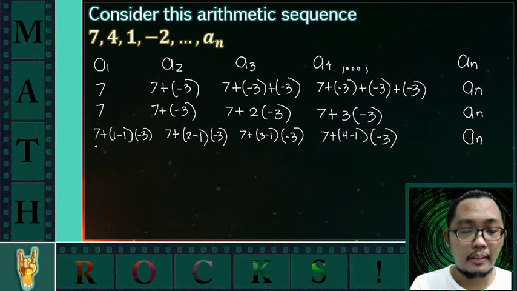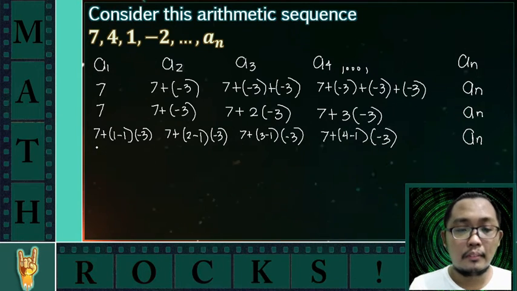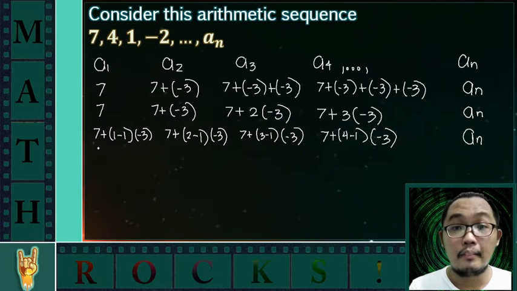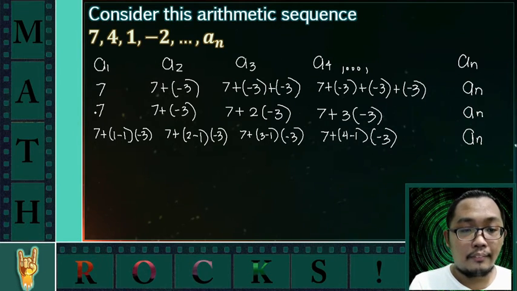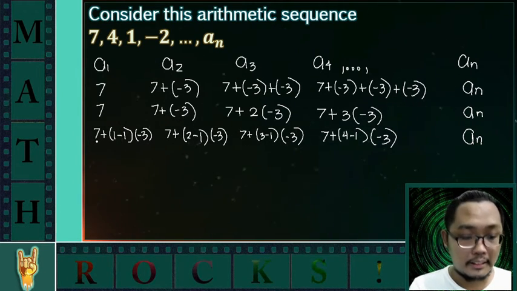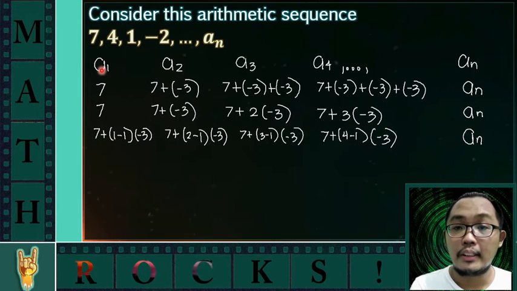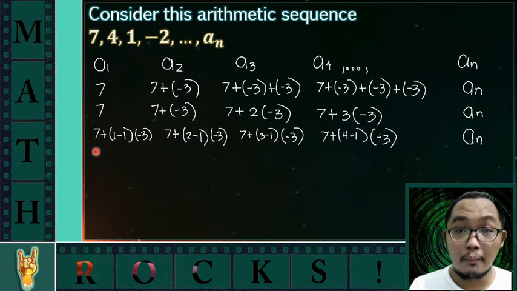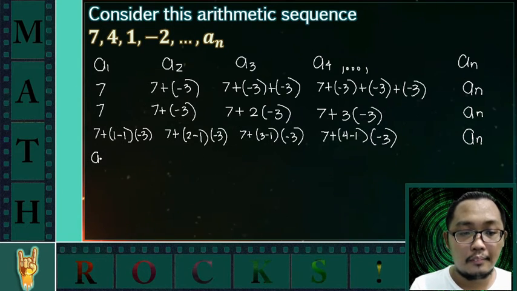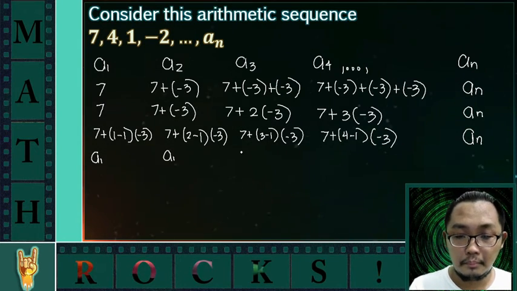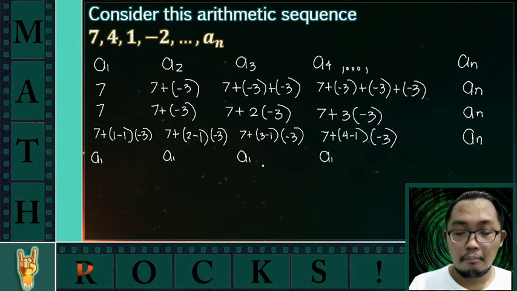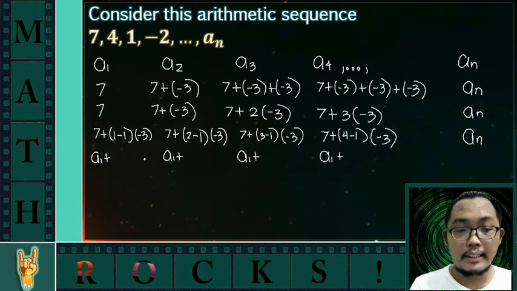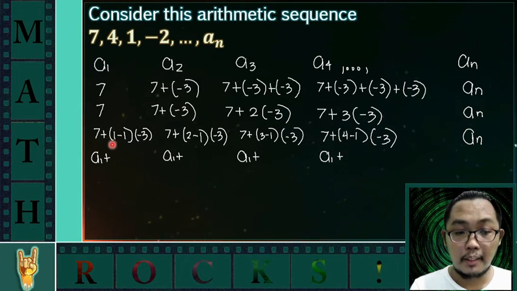And let us proceed. So at this point, I would like to have this be written in terms of variables. Like for this 7, this actually corresponds to the first term. So changing all the 7s with a sub 1, and now let us take a look at this expression right here.